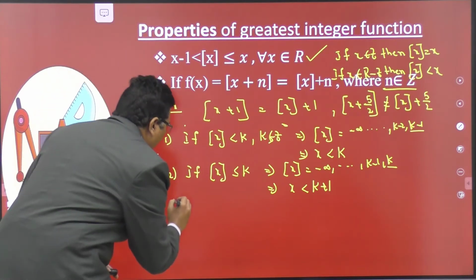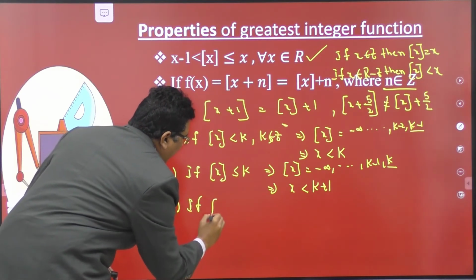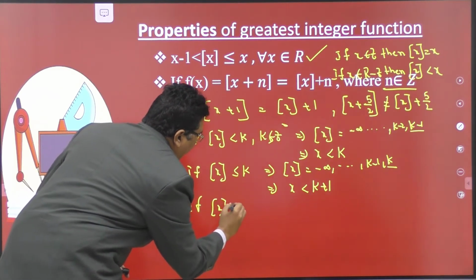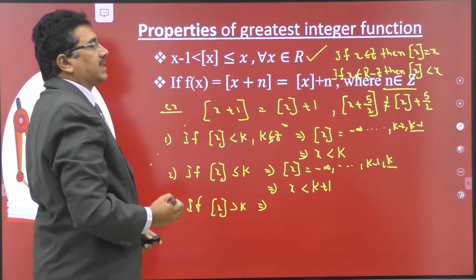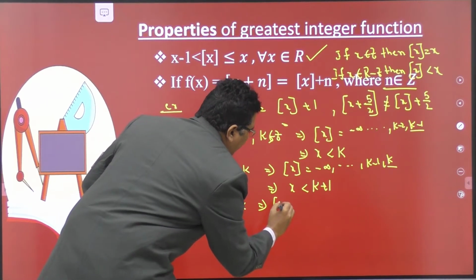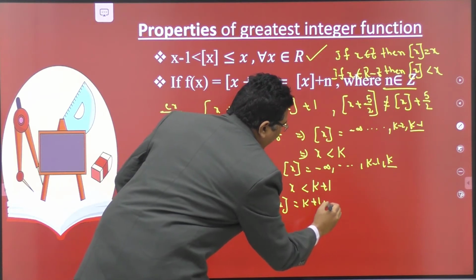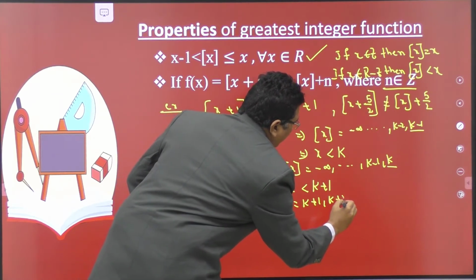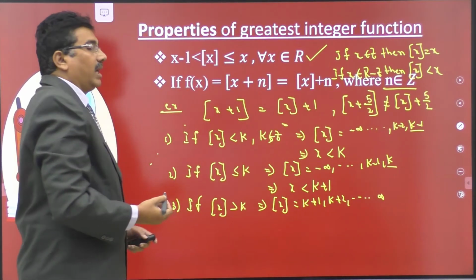Now, third one, if [x] is greater than k, that implies the values of [x] are k plus 1, k plus 2 and so on to infinity, right?